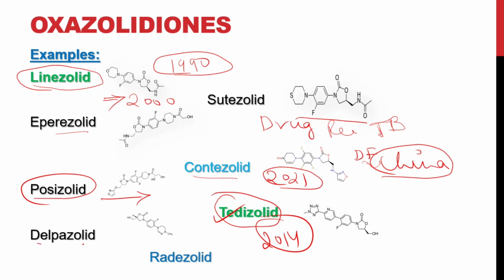Next is delpazolid, which is under investigation. And finally, radezolid. Radezolid is also under investigation. It is extensively studied for bacterial acne, and if radezolid is approved, it will be useful for soft tissue infections, particularly for bacterial acne disorders.